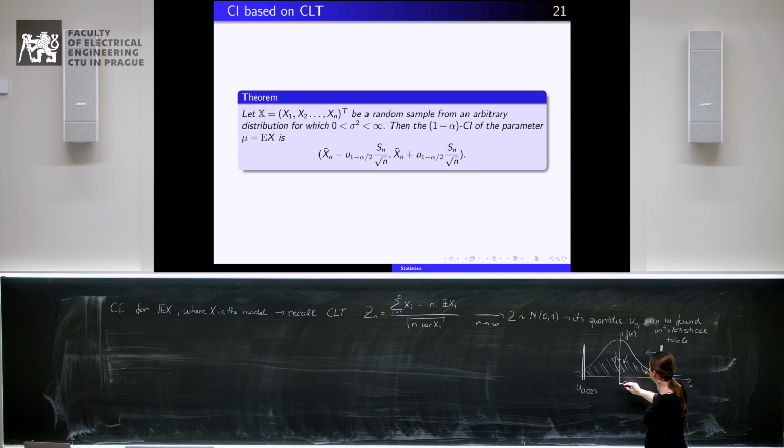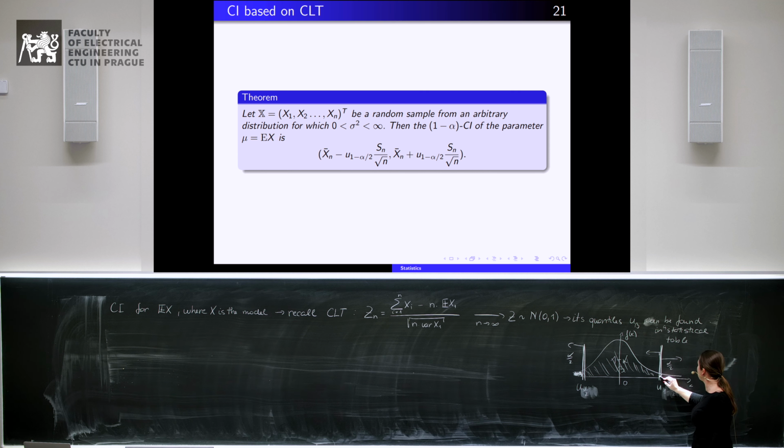Because when we want to have 1 minus alpha inside, it means that the area alpha half, I'm sorry, I work with alpha equal to 5% because it is the most often used number, but in general it is alpha half here and 1 minus alpha half here, because alpha half of the area must be the area of this tail.